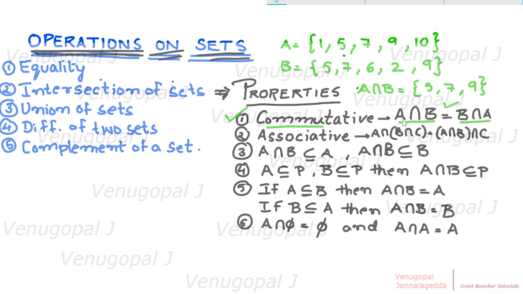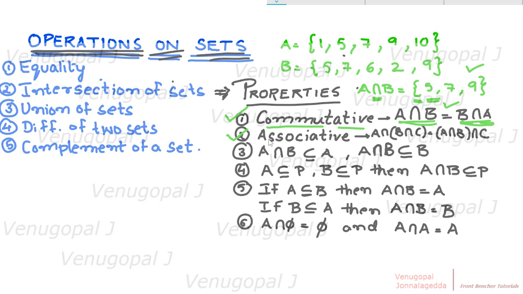It states that A intersection B is always equal to B intersection A. So we can see this above example and verify whether A intersection B is equal to B intersection A. If we do the reverse, B intersection A, we will get 5, 7, 9 as the common elements. So the commutative property holds true for intersection.